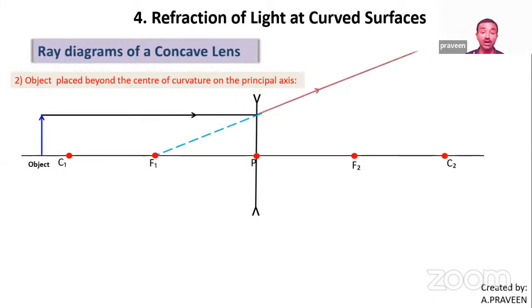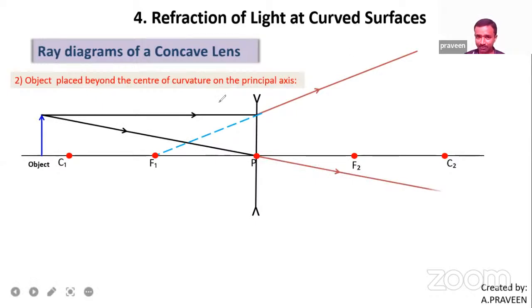One more ray goes through the optic center, so without any deviation it passes. Now you obtain the image where those two light rays coincide: one is the backward light ray and the other is the refracted light ray. So directly they are obtained, and there you can draw the image.